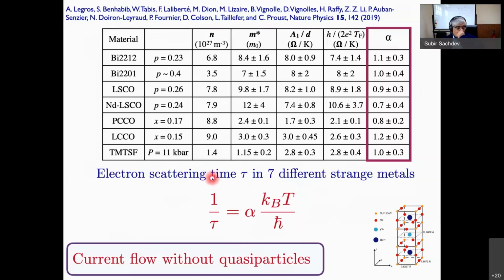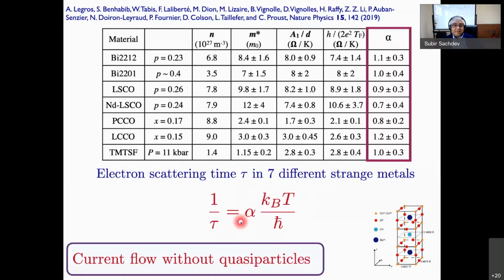For example, the energy scales in this organic compound are at least an order of magnitude different from, say, LSCO. And we want to understand why this happens down to very low temperatures. At higher temperatures, above the Debye temperature, you can also find similar regimes, but that's not the focus of my discussion.